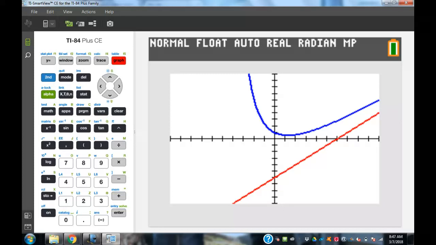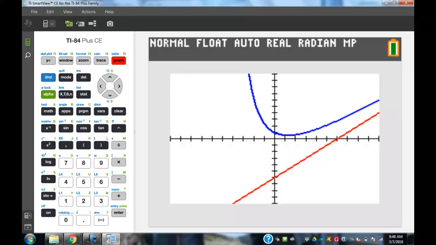Okay? And a rational function can cross an oblique asymptote or a horizontal asymptote. It's possible that it crosses it, but it doesn't happen very often. That's one of the things we're going to talk about in section 5.